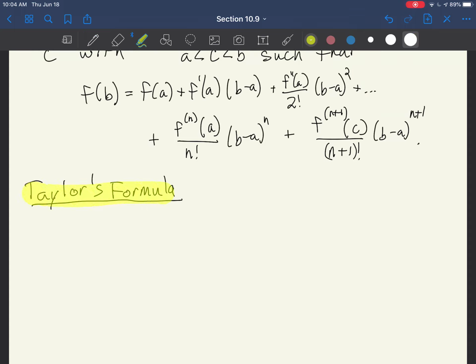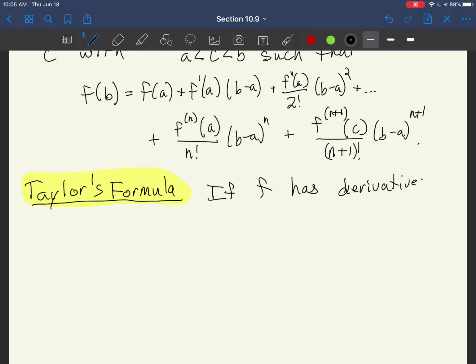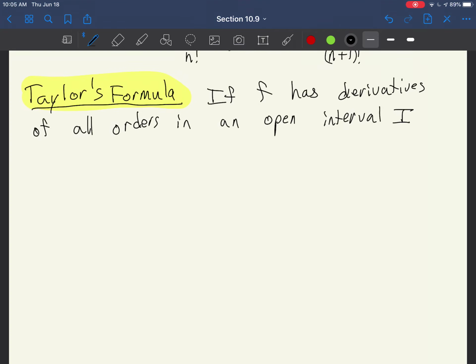So how did Taylor envision using this? We have Taylor's formula. If f has derivatives of all orders in an open interval I, and this open interval needs to contain a. So again, think radius, interval of convergence.